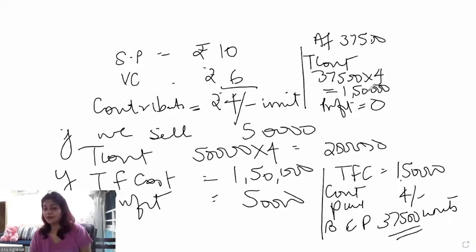But after 37,500, if I sell 37,501 unit also, then that 1 unit, that 4 rupees which I get is profit. So now it becomes very easy for me. If I am selling 60,000 units, I know it beforehand what is going to be my profit. 60,000 units minus 37,500 units. Whatever units I get, into 4, I know is the profit I'll be earning.